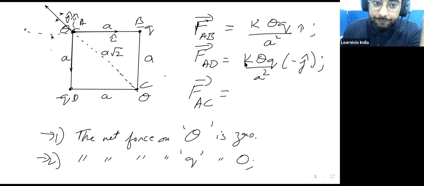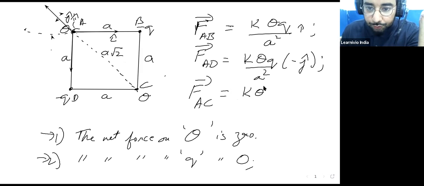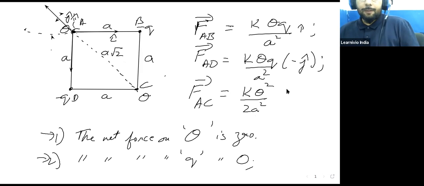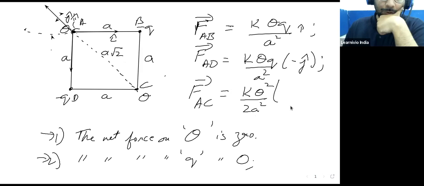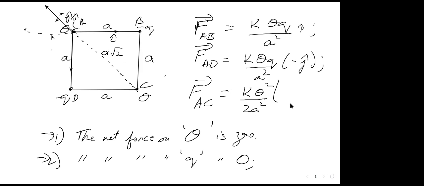So you will have K times Q squared over 2A squared, correct? But in what direction? I guess both the charges are like charges, so they will act in the same direction, the negative z direction, z cap.